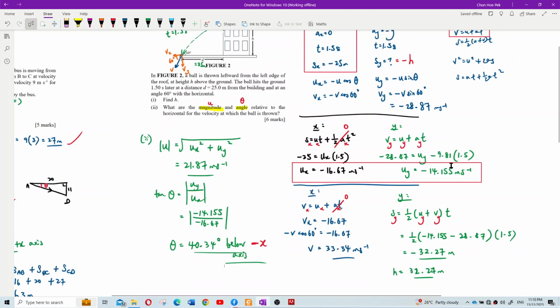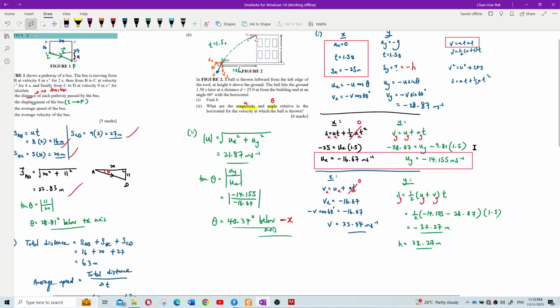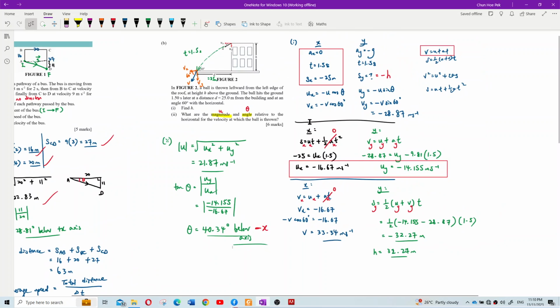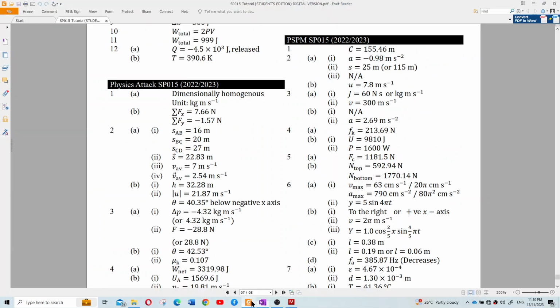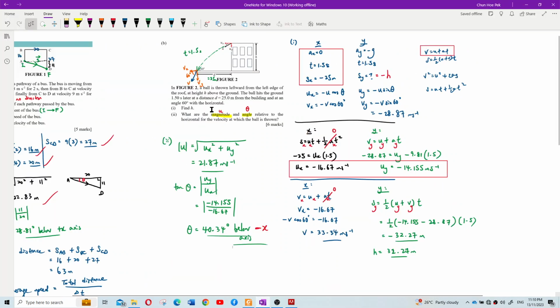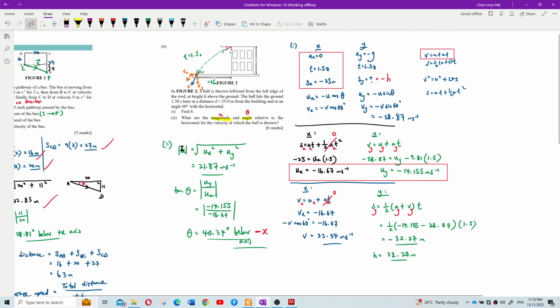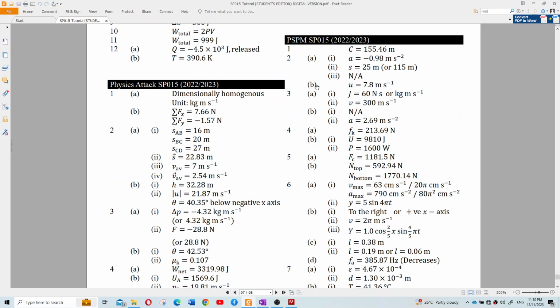Then do step by step. You sure can do it. So let's check the answer, class. Question just now, that one done. Question 2B. H is 32.8.